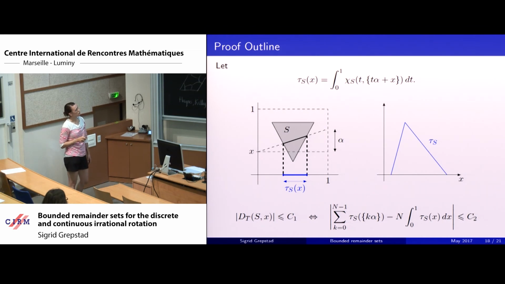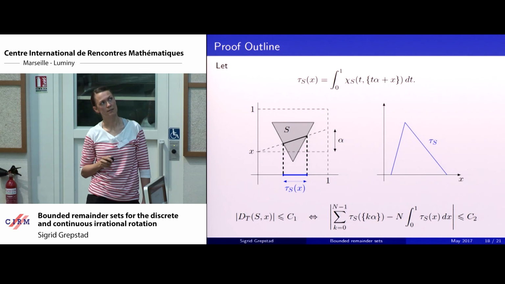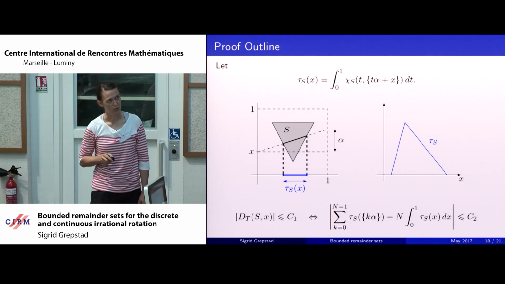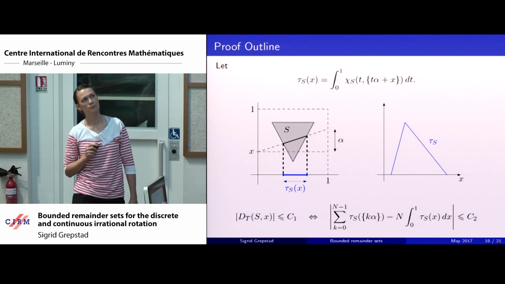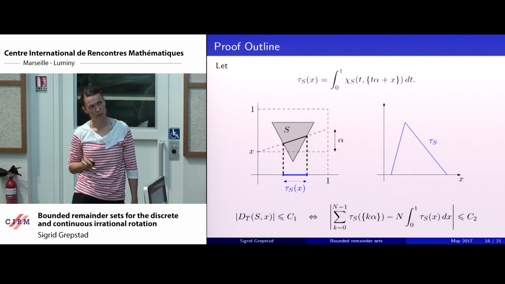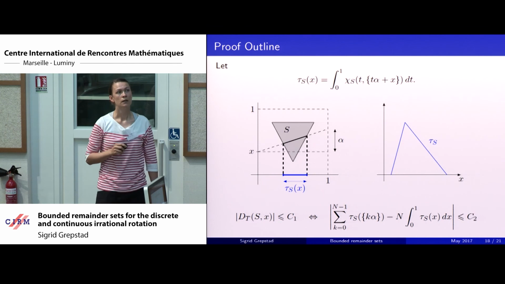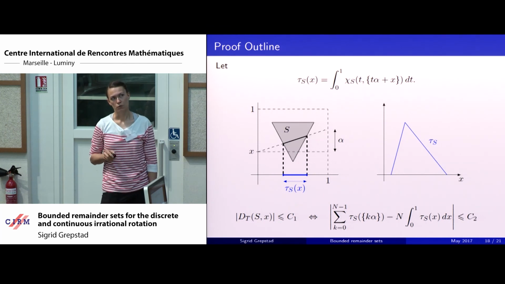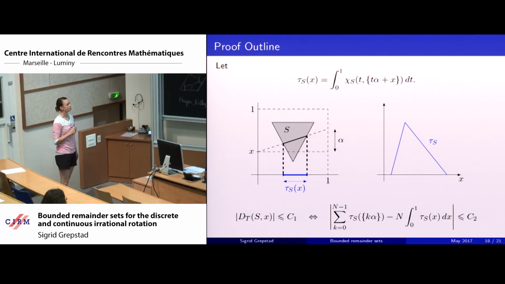So we associate to the set S this function tau of S, which is defined here by this integral. And I tried to draw a geometric interpretation of that tau down here. And we see that if we just plot the function tau, it's going to look more or less like this. So this is what I'm going to refer to as a hat function.